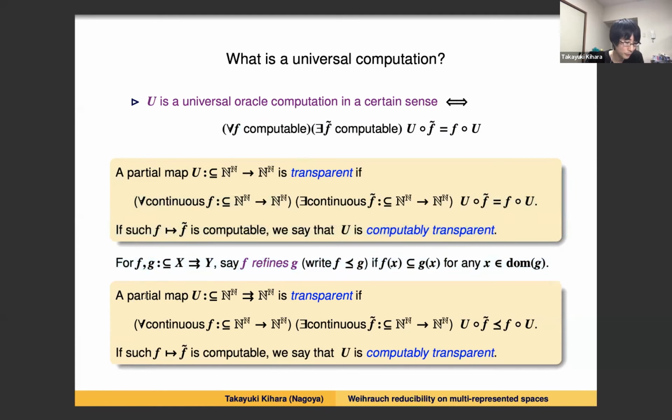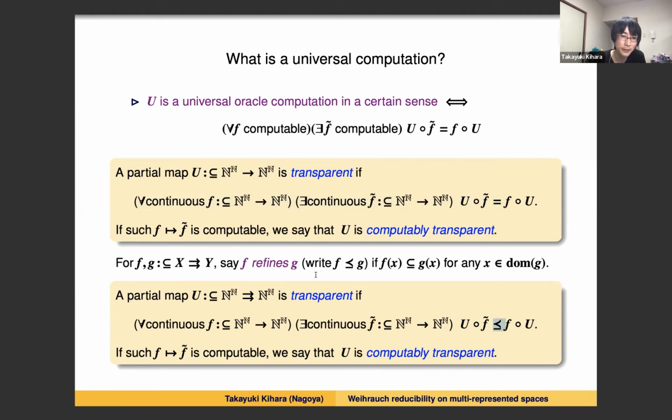Now we move our attention to multi-valued functions. It's also important to consider multi-valued functions, so the notion of universal computation or transparency can also be introduced for them. The definition is almost the same as for single-valued functions. The only difference is that the equality relation has been changed to a refinement relation.